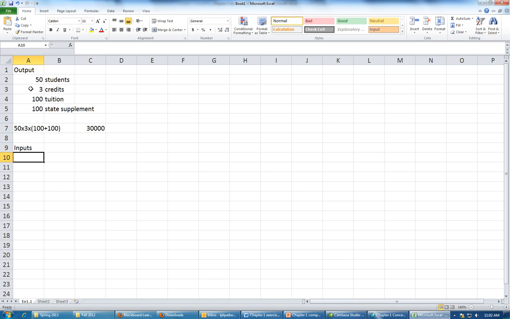And on the input side, we have 3 inputs. One input is $4,000 for the labor. And for the material, $20 each, and 50 students, which is equivalent to $1,000 for the material.